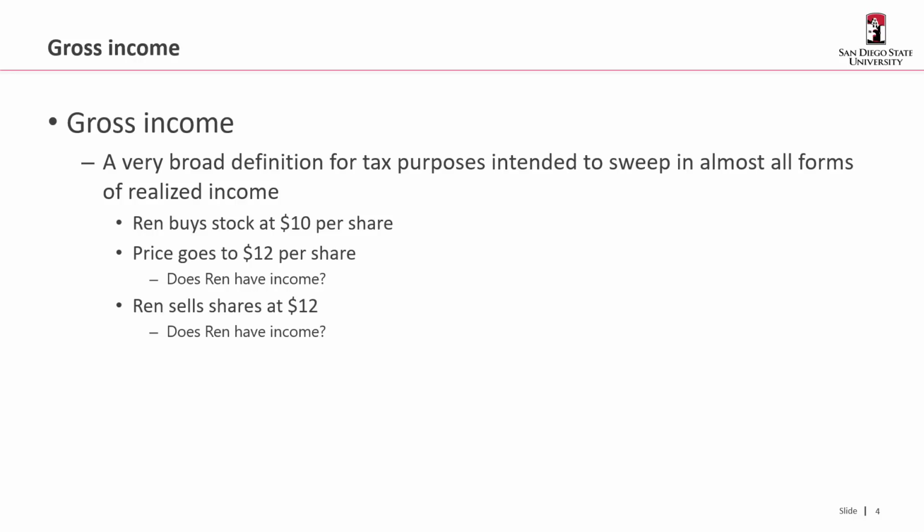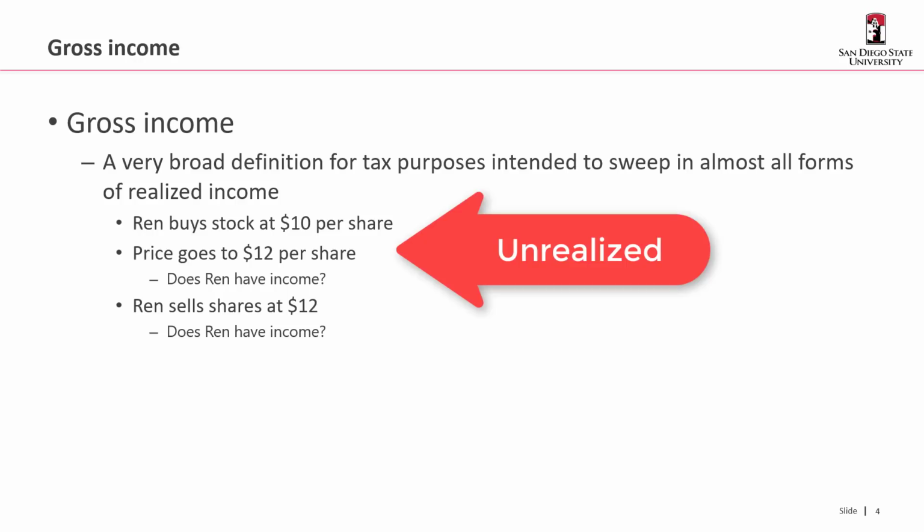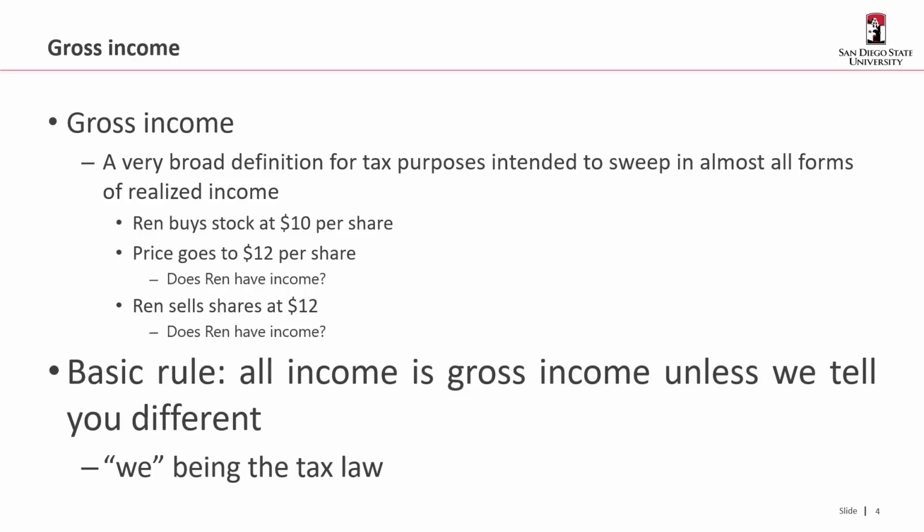Now, when Ren sells those shares for $12, does he have income? And the answer is, well, yeah. The difference between these two is the realization event, right? So Ren has realized income in the second one, where in the first one, where the price has just gone up, he has unrealized income.